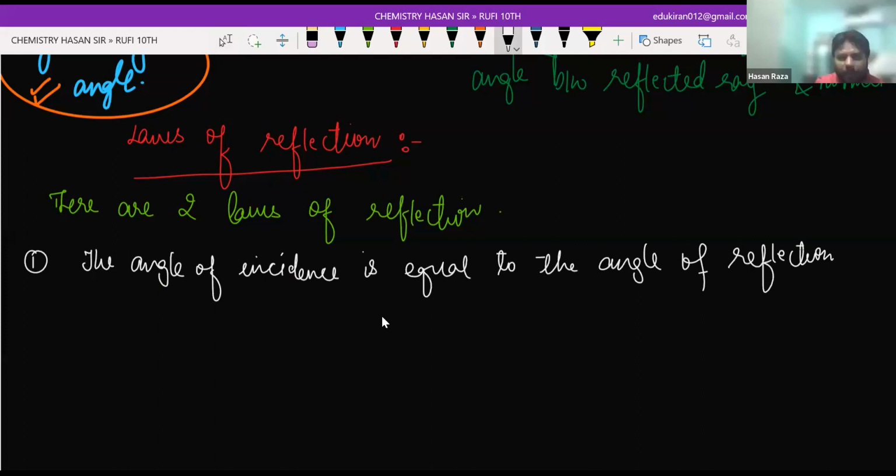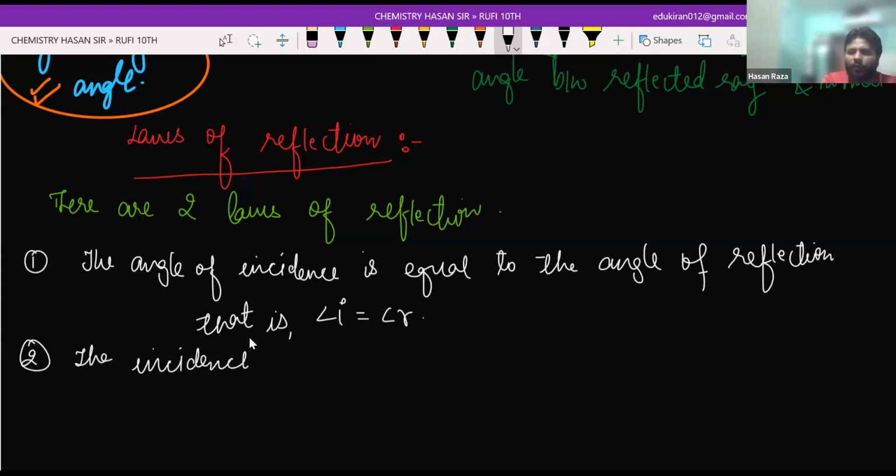Whatever the angle of incidence is, it will be equal to the angle of reflection. We can write it in short form as well. And the second one, which is also very, very easy, is that the incident ray, the reflected ray and the normal lie in the same plane. I'll also explain with the help of our diagram.